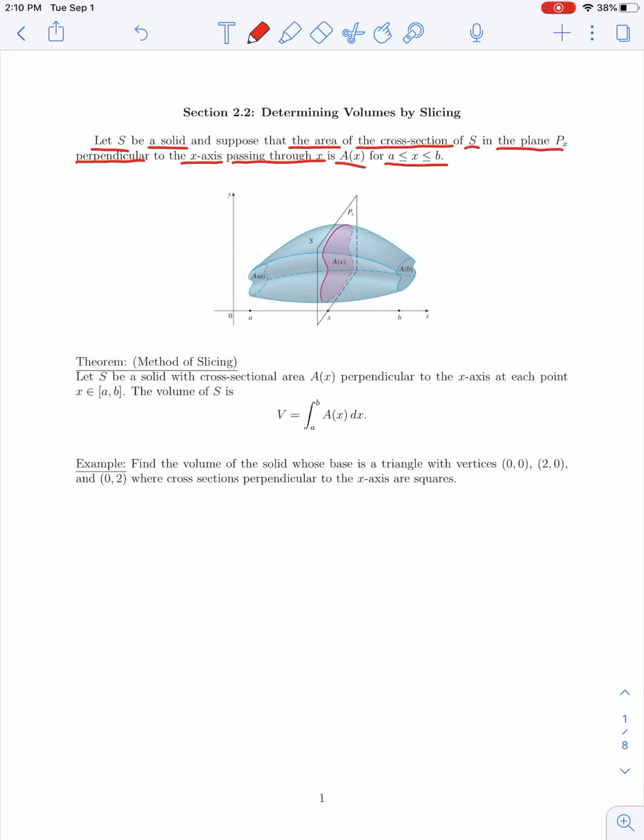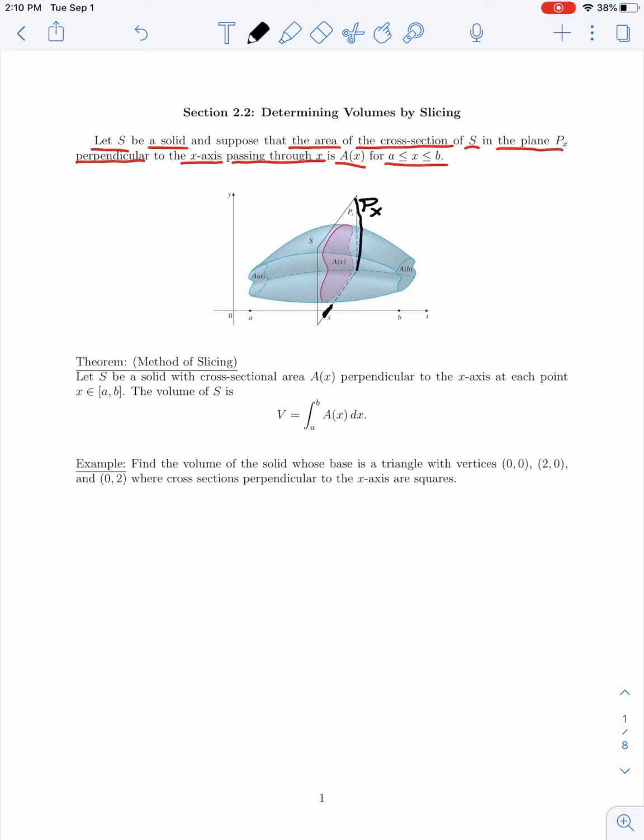So to illustrate our problem of interest here, we have some solid shown in blue, which we're calling capital S. And let's suppose that we define a plane, which we're calling P sub x, which is perpendicular to the x-axis and is passing through a point x.